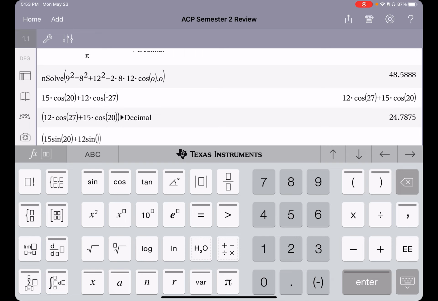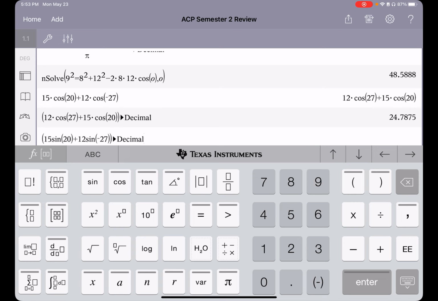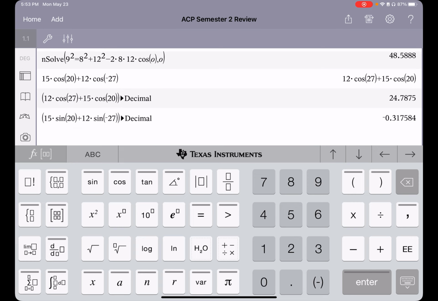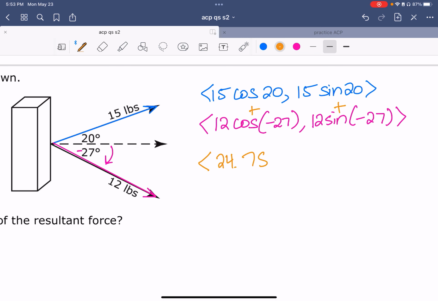Okay. 12 sine of negative 27, and then I'm gonna approximate it to a decimal already. So 15 sine 20 plus 12 sine negative 27, enter. And that's what you get. So we're gonna come back to the notes, the packet, and the x coordinate was 24.787, and the y coordinate was negative 0.317.